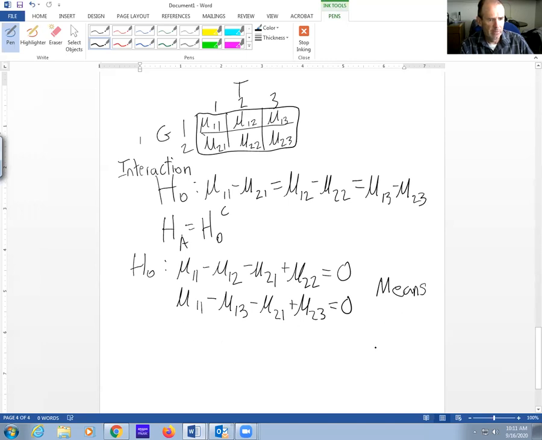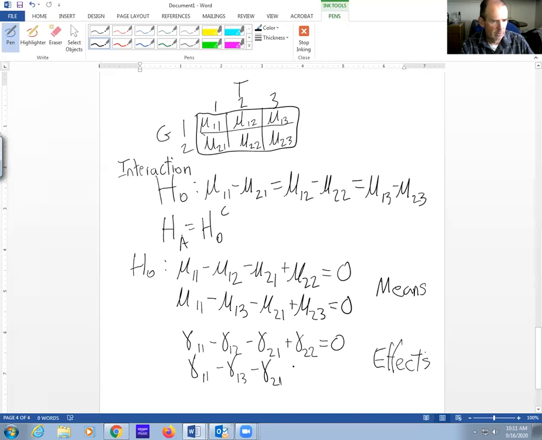For the effects model, I'll let you guys double check this, but it's going to simplify to something very similar. In terms of the interaction, it'll be gamma 11 minus gamma 12 minus gamma 21 plus gamma 22 is equal to 0. And similar for this. What happens to the main effects? They drop out, and I'll let you guys verify that.